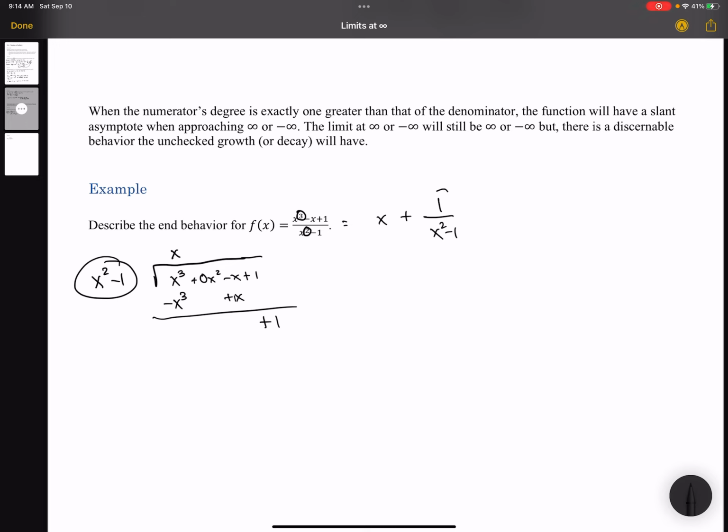So this part is going to tend to 0 when x is large, when x goes to infinity.